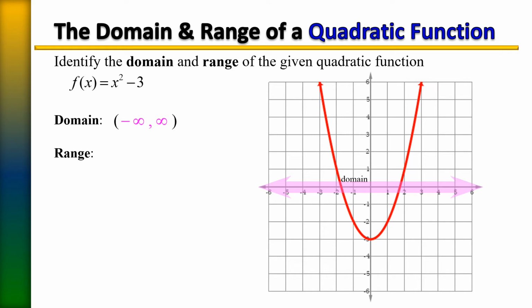Next, we want to focus on the range, which is your output or your y values. So in other words, in terms of a graph, this will be the vertical span of this graph. Notice that this parabola has a minimum. The lowest point that this parabola will drop would be -3.